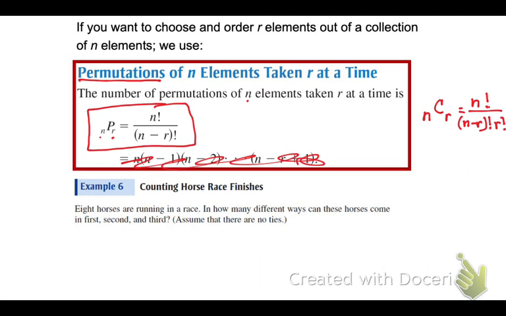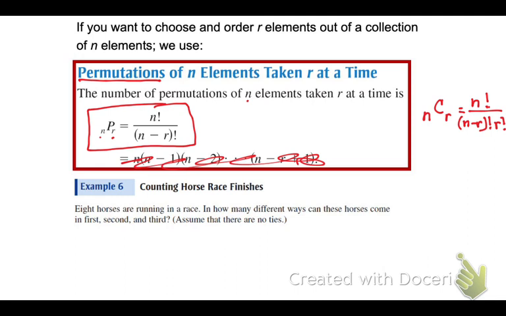Permutation matters, combination does not. Which one's going to have a bigger answer, permutation or combination? Look at the denominators. Which one's going to have a bigger denominator? Combination.